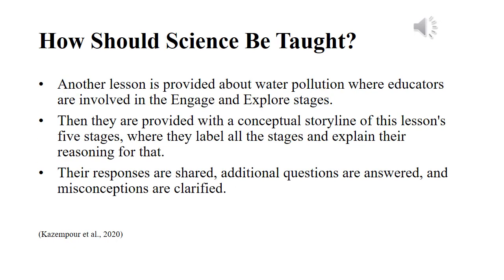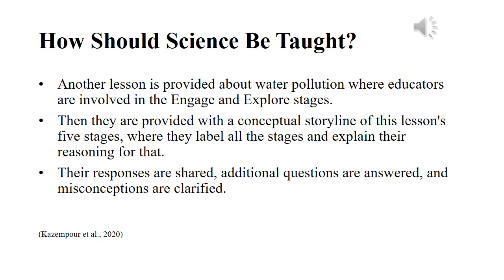So after that discussion, teachers are going to get further practice where they can apply what they learned about the 5E cycle in a new activity. So they're going to be given a lesson about water pollution, and they're only going to be involved in the engage and explore stages, where they're actually partaking in those stages.